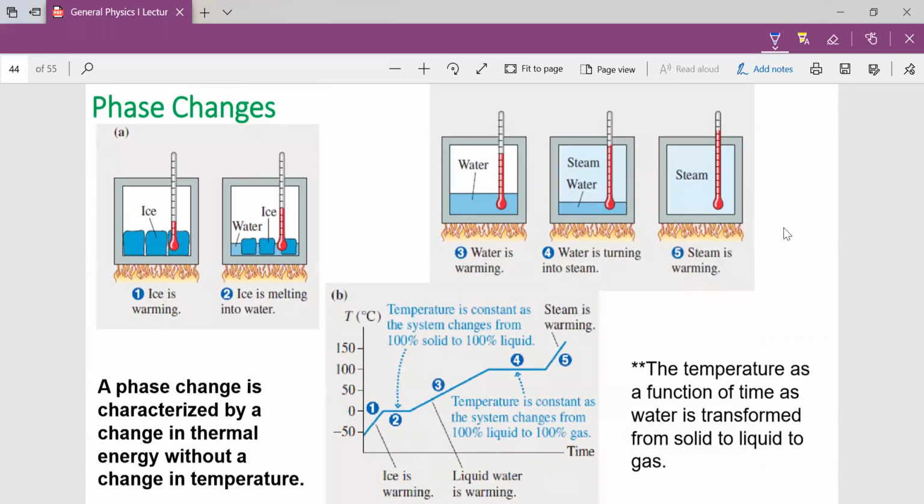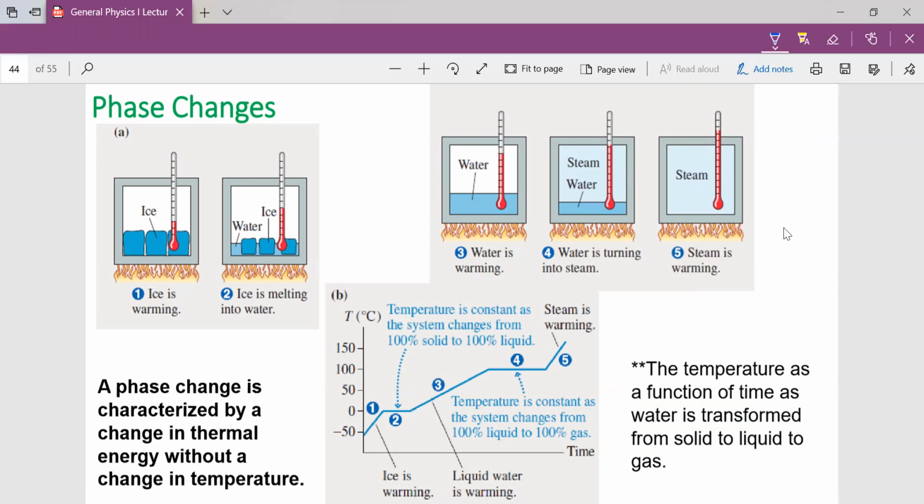Okay. So let's look at another interesting part of the properties of material and how they influence thermal energy changes. The term we want to look at now is called the phase change.